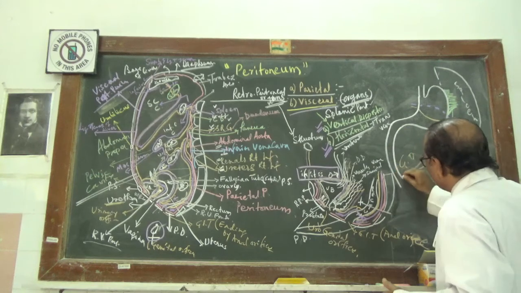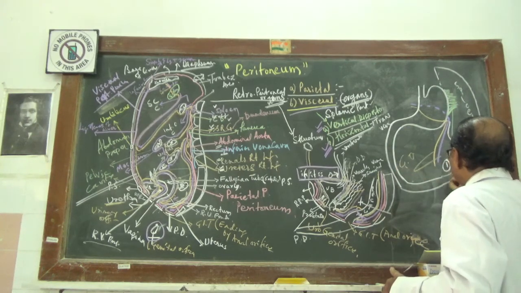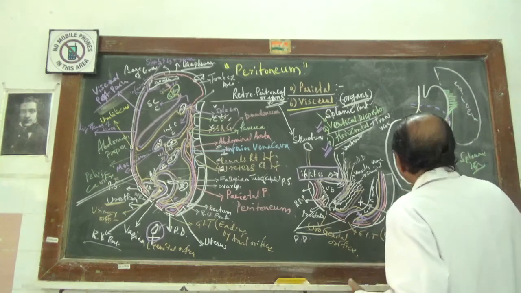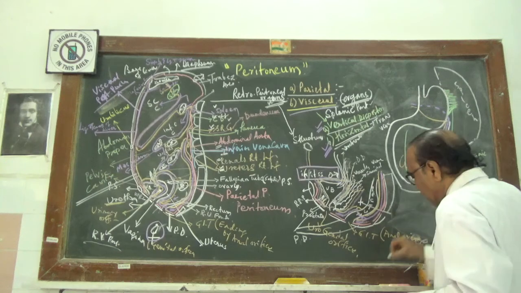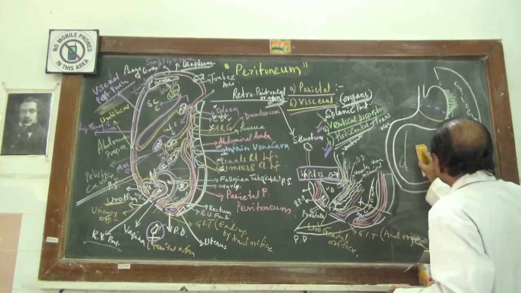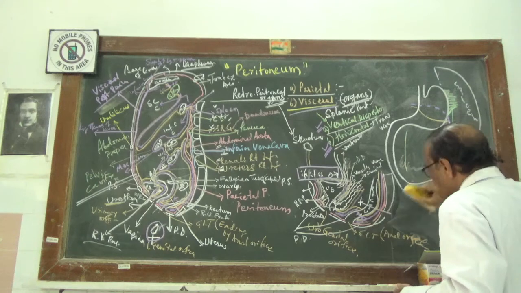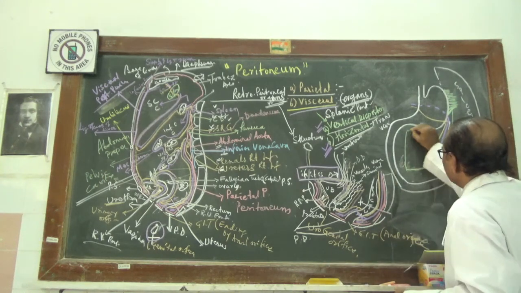This is the duodenum. Now in the C-shaped curve of the duodenum, the head of the pancreas is attached. So this is the head of the pancreas.